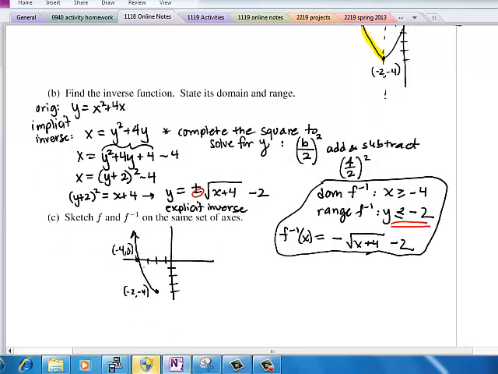We would have (-4, -2), and then (0, -4). So something like that. And again, we can see that the function and its inverse are symmetric across that line y equals x. So this one is f inverse, this one is f.